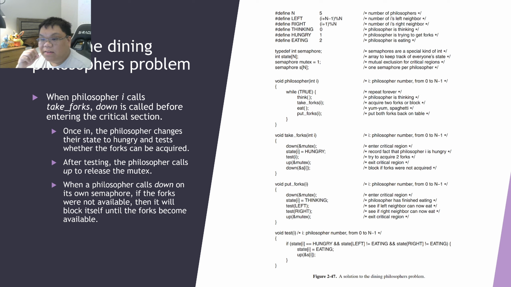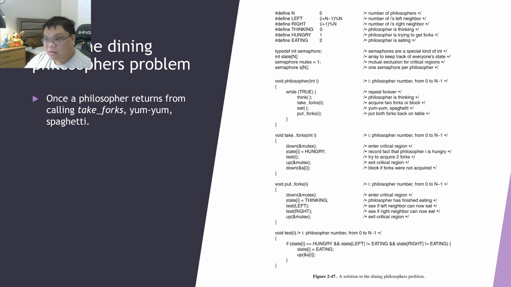Once in, the philosopher changes their state to hungry and tests whether the forks can even be acquired. After testing, the philosopher calls up to release the mutex. When a philosopher calls down on its own semaphore, if the forks were not available, then the philosopher will be blocked until the forks become available.